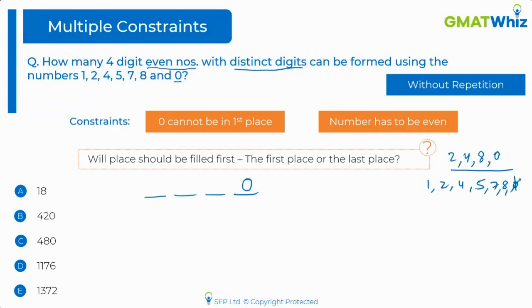If I consume 0 in the last place, I have 6 options for the first place. But if I do not consume 0 in the last place, instead of 0, if I take any other even number, let's say I place 2, in that case, I only have 5 options for the first place because I can't use a 0 there.